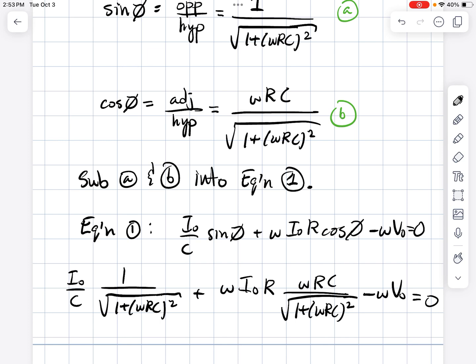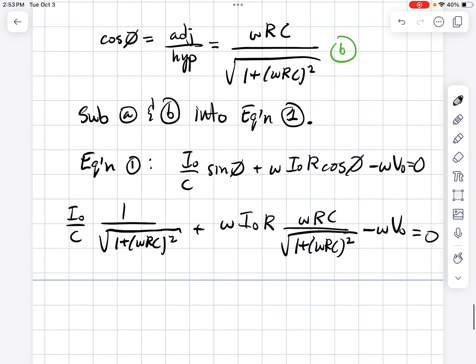Okay, so all that's left to do is to solve for I naught of omega. I'll leave that as an exercise for you to do.